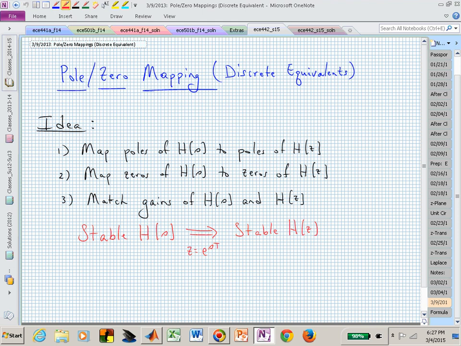Where would we match the gain? Probably where it's flat. And where would be a convenient location? Maybe at low frequencies, really low frequencies at DC. We might match the gains of h of s at DC with the gain of h of z at DC, which means we would evaluate h of s where? We want the DC gain of h of s if it's low pass in behavior.